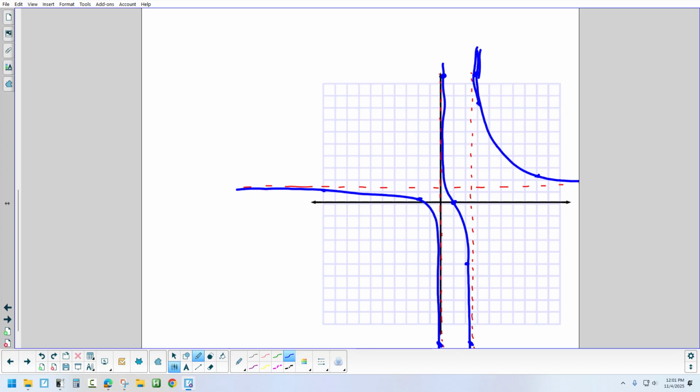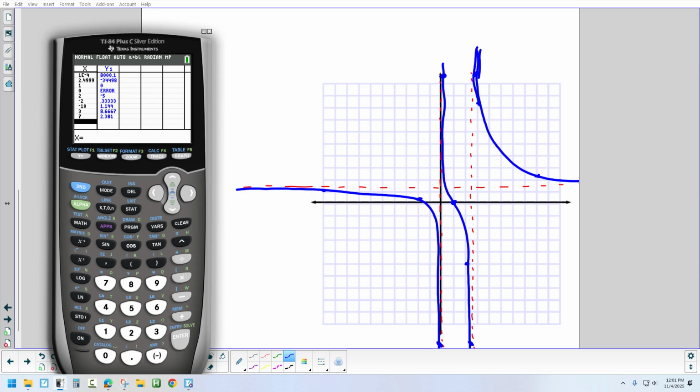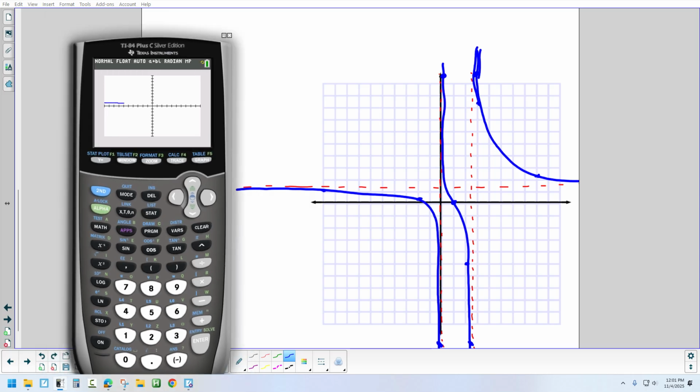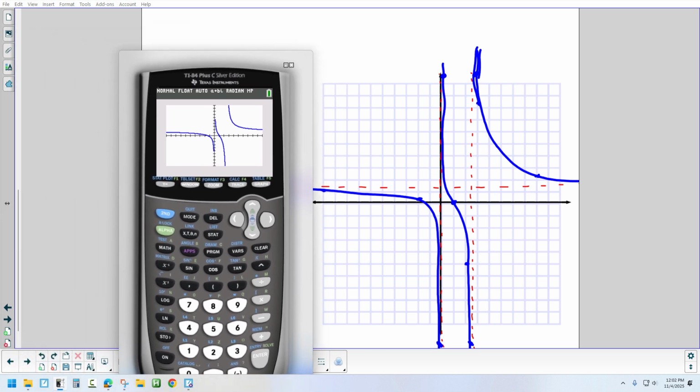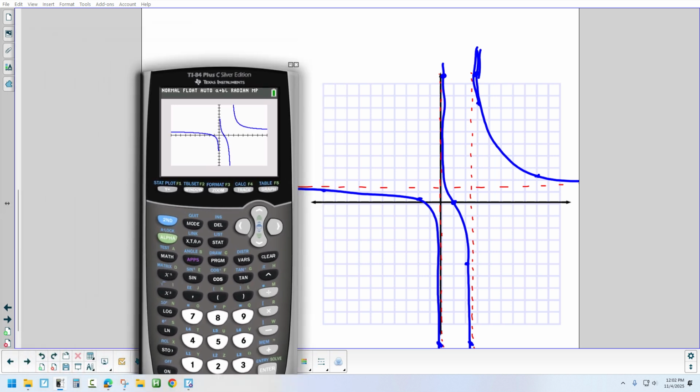Now, because it's so steep in the middle, the calculator is probably not going to draw this one correctly. It really didn't. It almost looks like it just kind of stops.